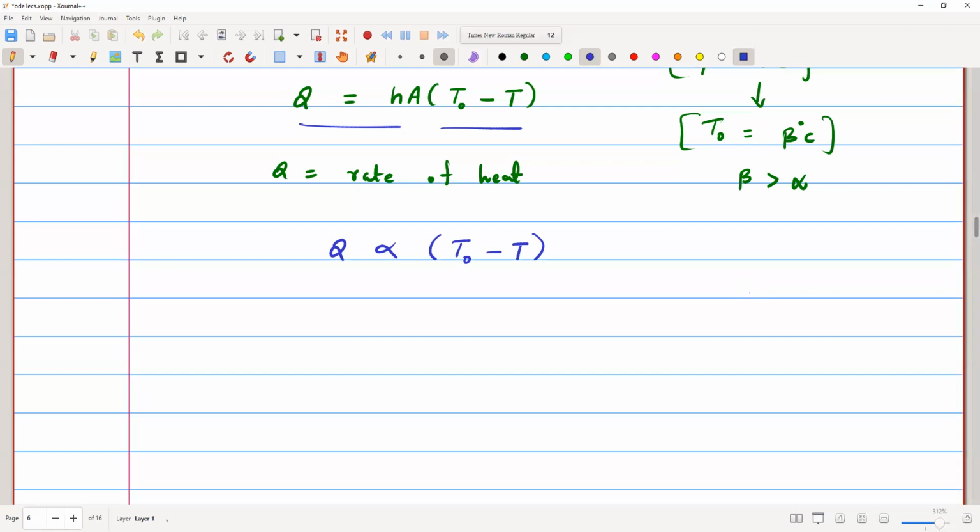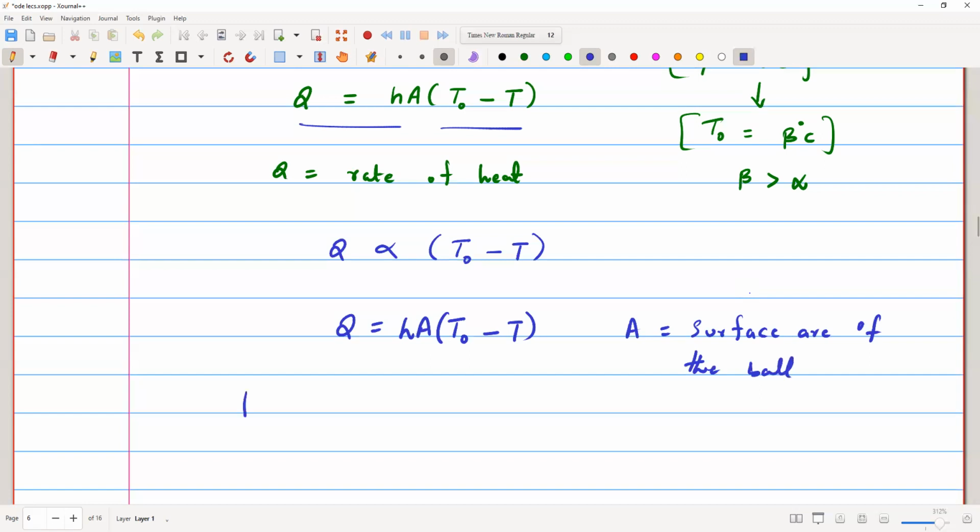And H times A is the constant of proportionality, where A is the surface area of the ball.